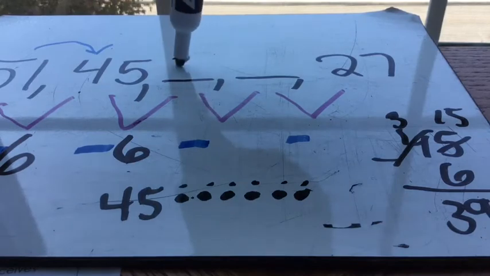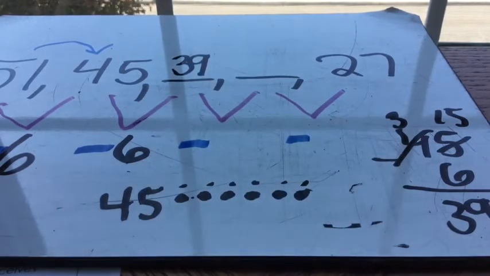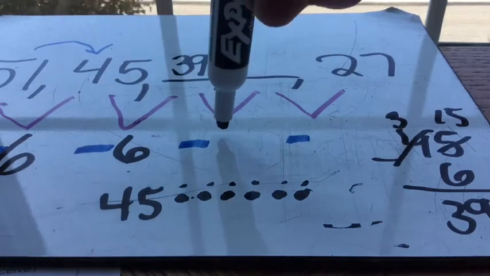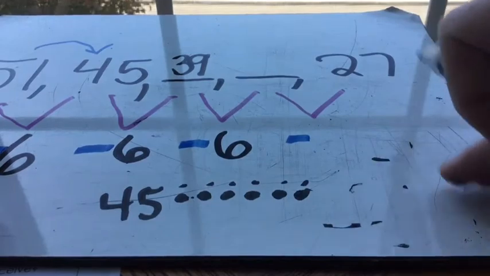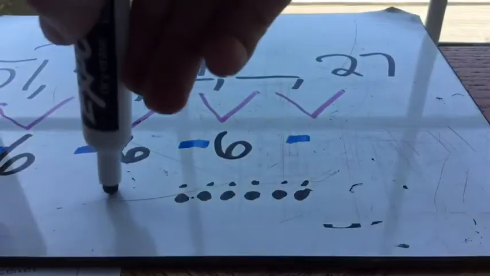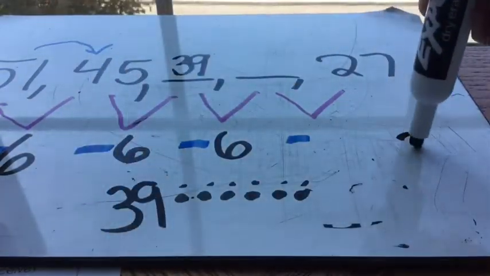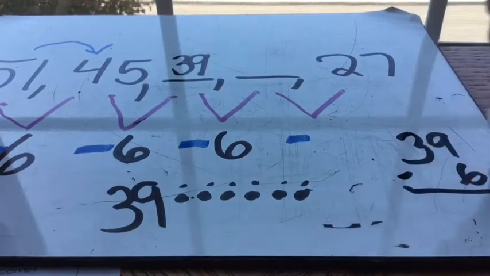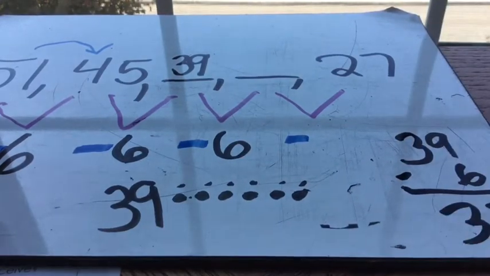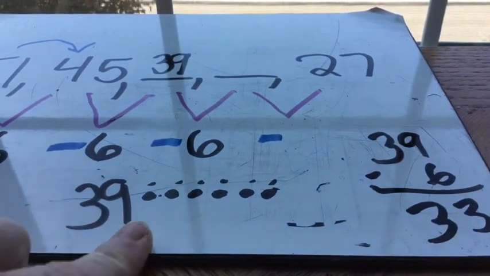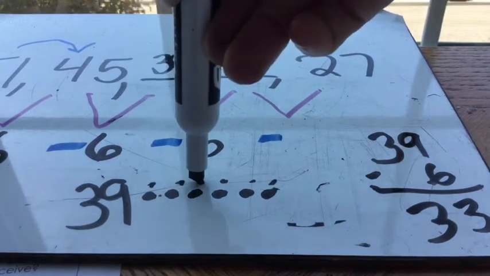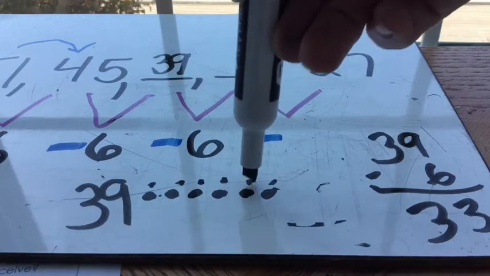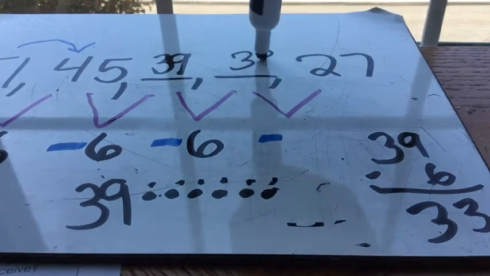So I'm getting 39. Now I need to know the next number. It's still minus 6. So now I can do 39 minus 6 to get 33. Let's check it this way: 39, 38, 37, 36, 35, 34, 33.